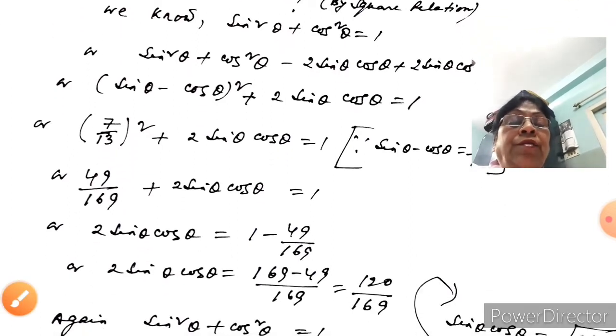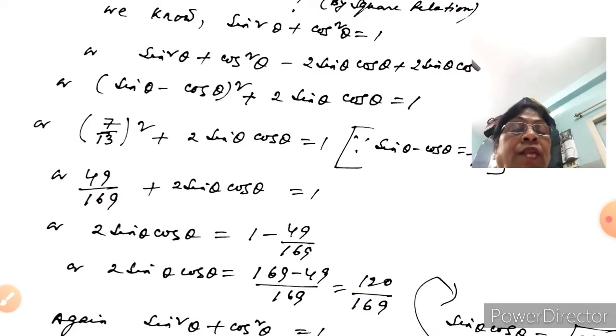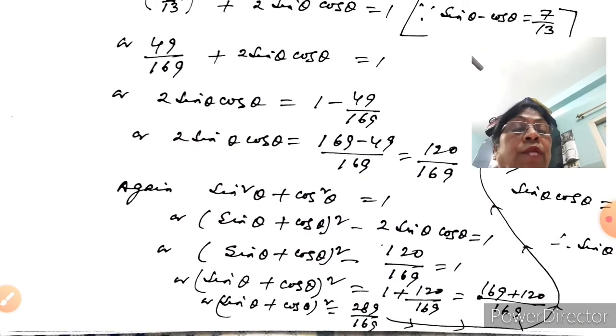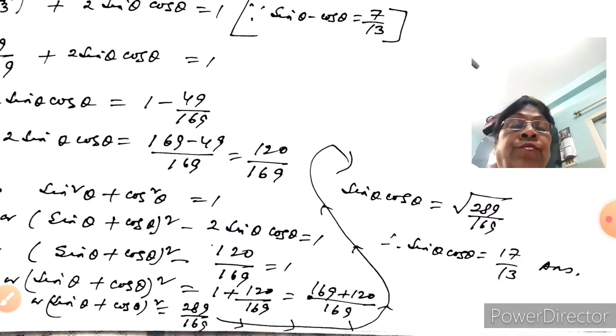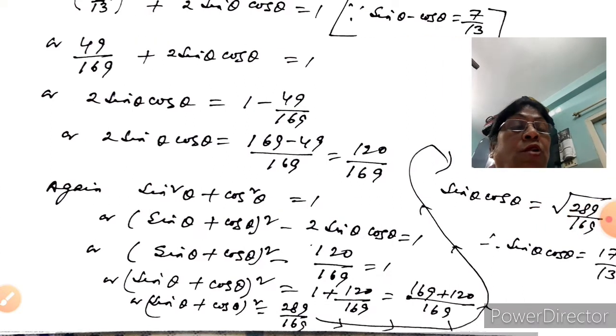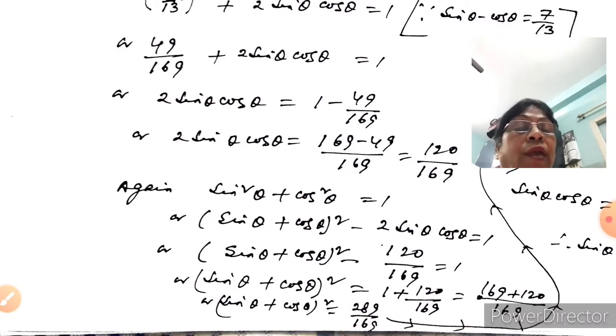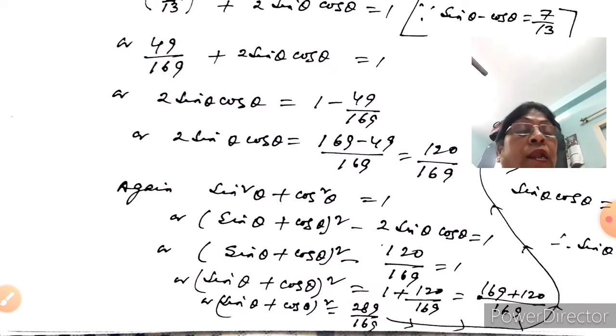7 by 13 whole square is 49 by 169 plus twice sin theta cos theta is equal to 1. Solving this we got twice sin theta cos theta is equal to 120 by 169. Now, again sin square theta plus cos square theta is equal to 1.